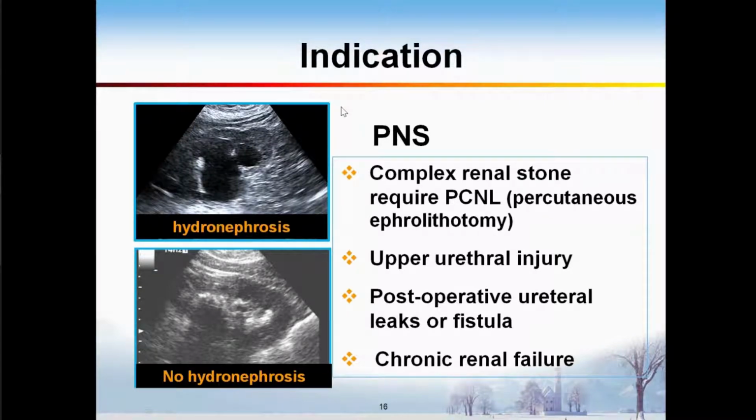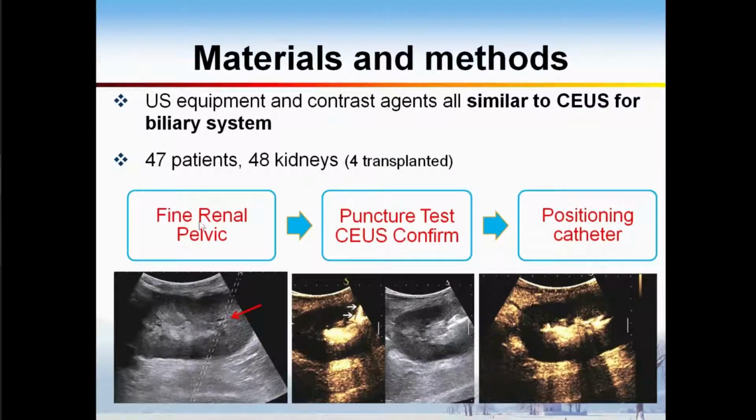Firstly, we like to find the renal pelvis. We have 47 patients and 48 kidneys. We try to find the renal pelvis, which may be very small, and then we make a puncture test.